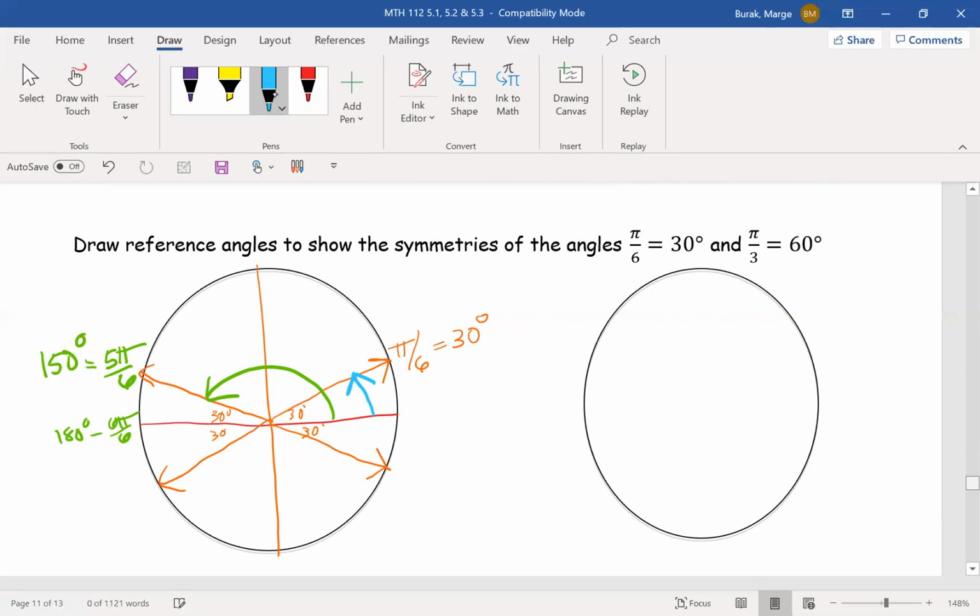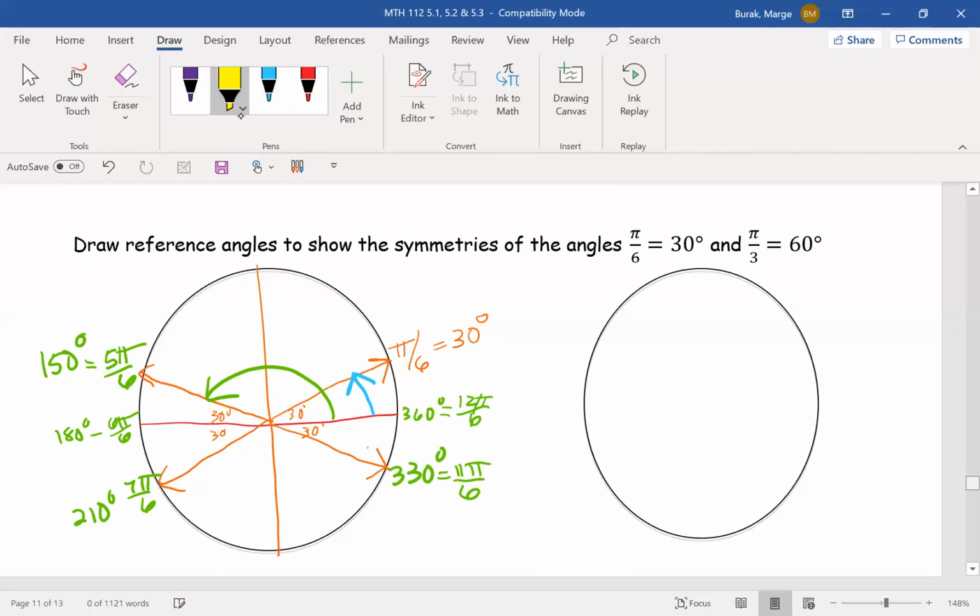Okay, and then this one is going to be 7 pi over 6 because it's one more. And it's also going to be 180 plus 30 or 210 degrees. And this one is going to be 30 degrees less than 360. So that's going to be 330 degrees. And we're doing 6, so that's 12 pi over 6 here. So this would be 11 pi over 6.